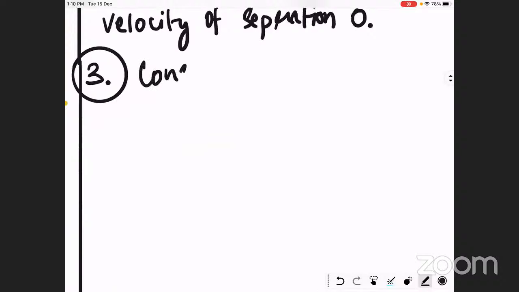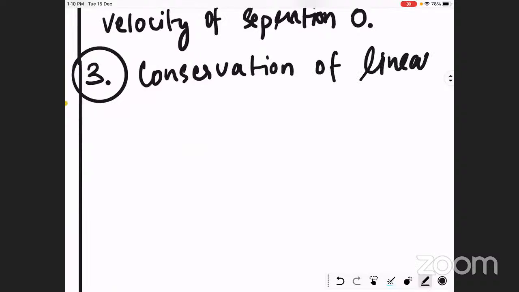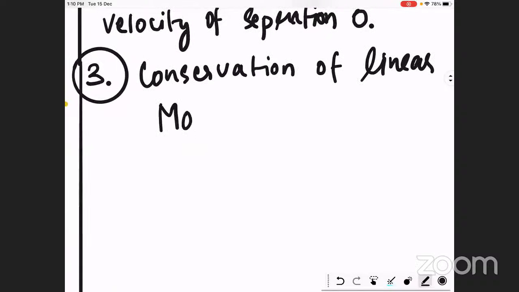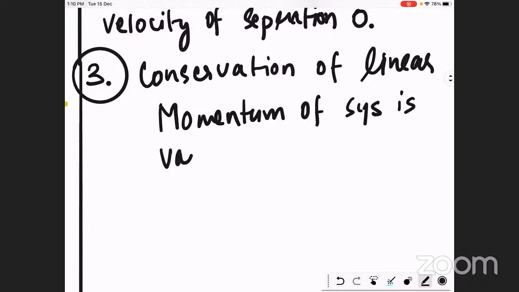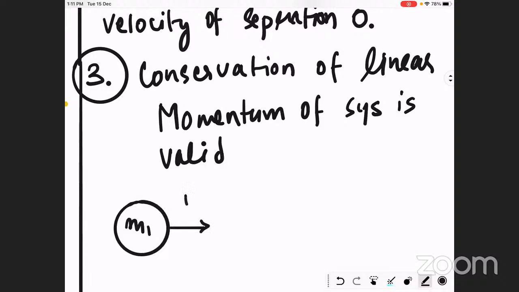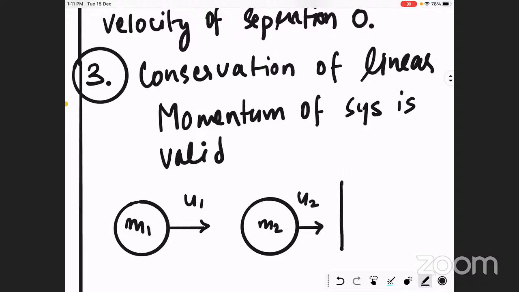Conservation of linear momentum of the system is still valid. Imagine two point masses: m1 going with velocity u1, and another point mass m2 moving with velocity u2 before collision.